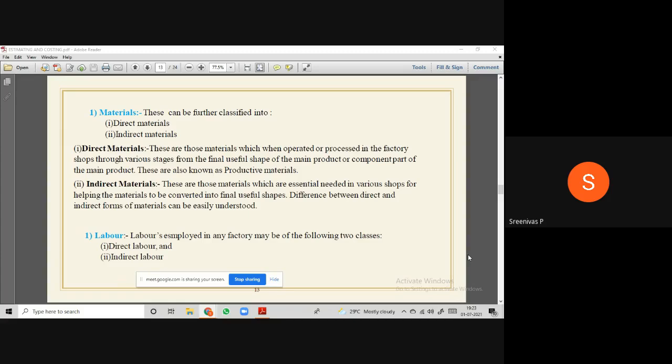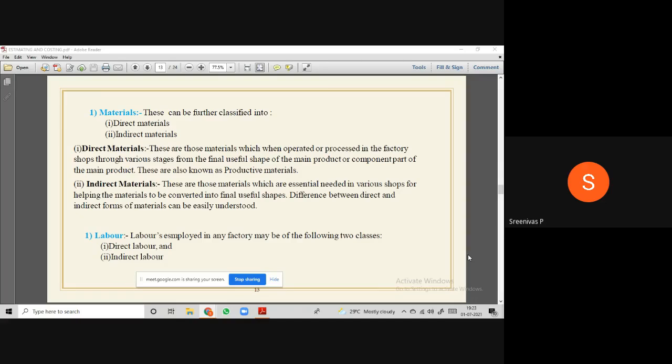For example, suppose a person is continuously working on a milling machine for manufacturing a gear made of cast iron. Now the cast iron is the direct material.